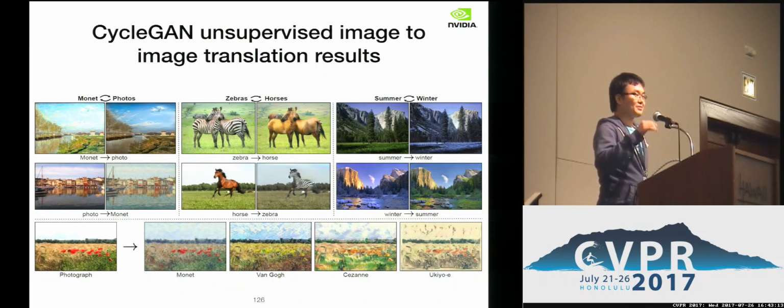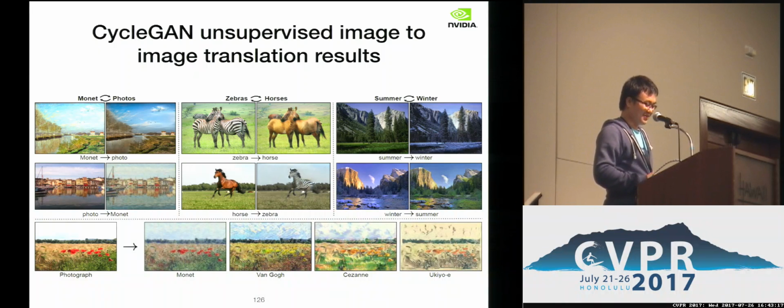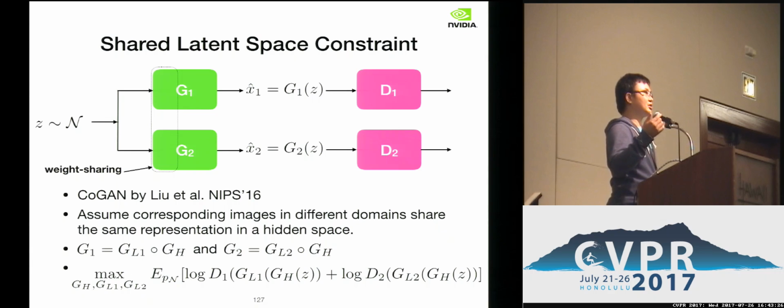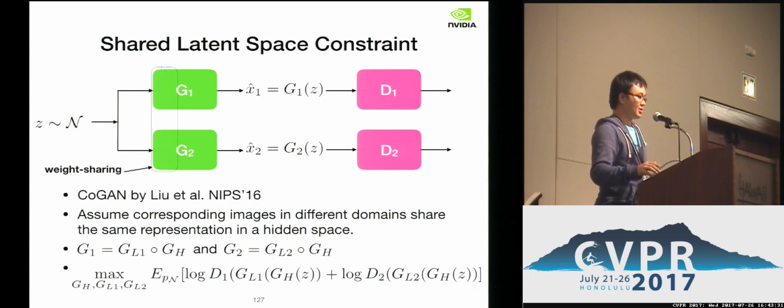I don't need to talk too much about CycleGAN because I think everybody knows about it from Twitter. But the cycle constraint is one assumption people use to help solve this difficult unsupervised image-to-image translation problem. There are other ways.